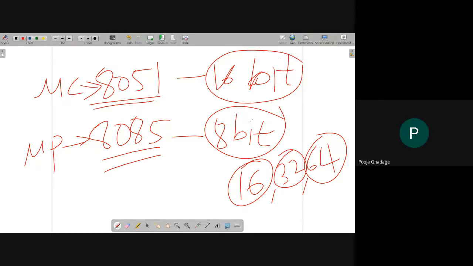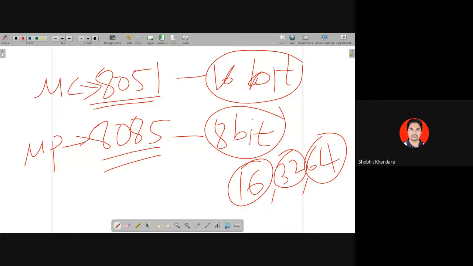Sir, data buses are of 32 or 64 bits. You are partially right. Can anyone else tell? Number of buses are 64, 32. Not exactly.